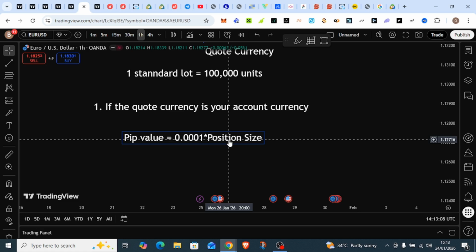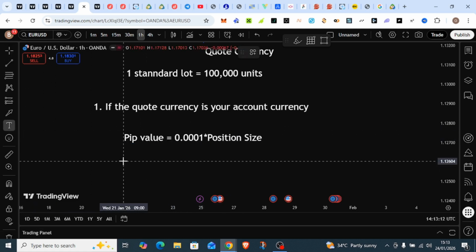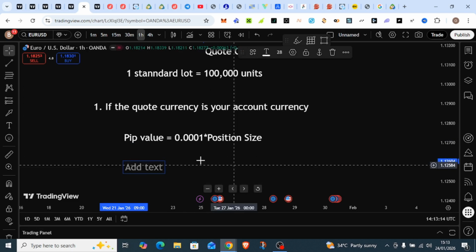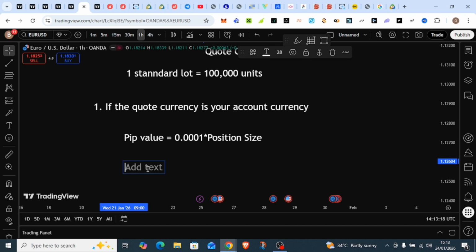So let's calculate for one standard lot which has 100,000 units, and that 100,000 units is the position size. We want to calculate the pip value of one standard lot.